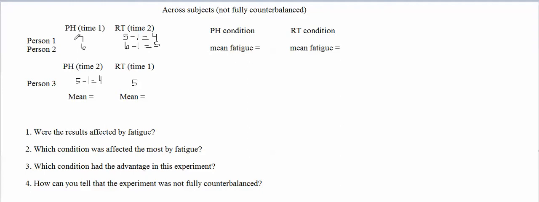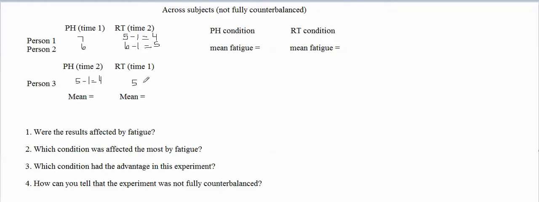Since these 2 people right here are getting Pizza Hut at time 1, we'll say that the fatigue score equals 0 because they don't have any fatigue yet. So this is 0, this is 0 for fatigue.